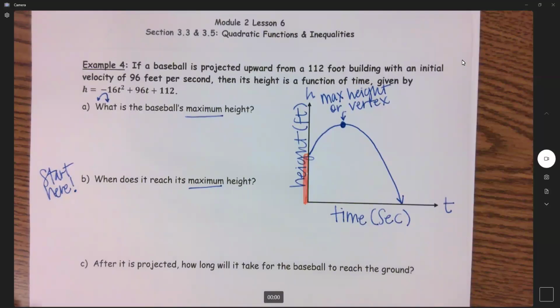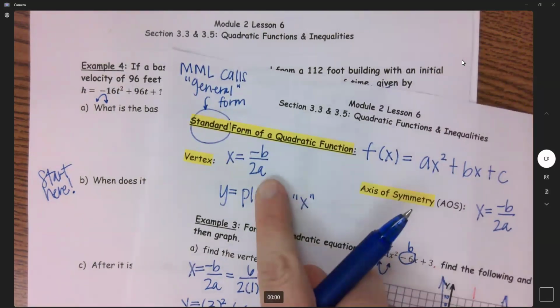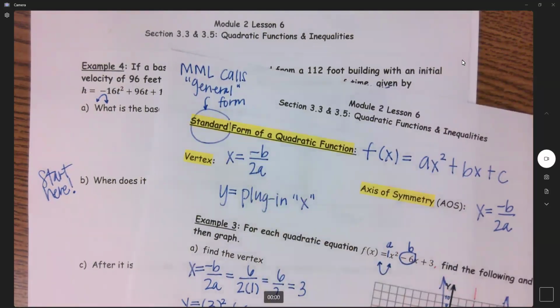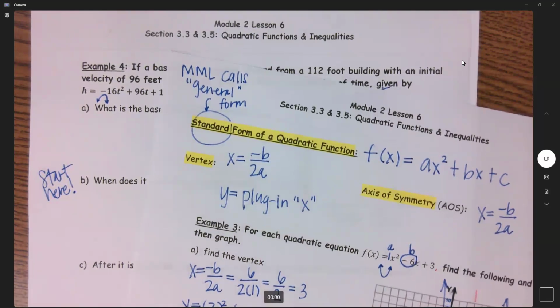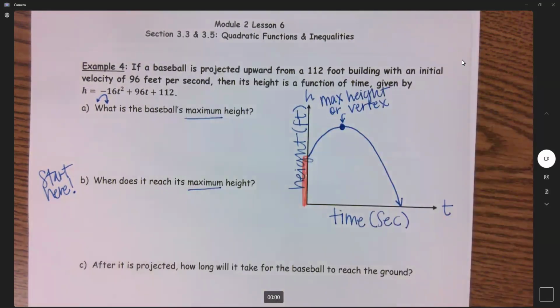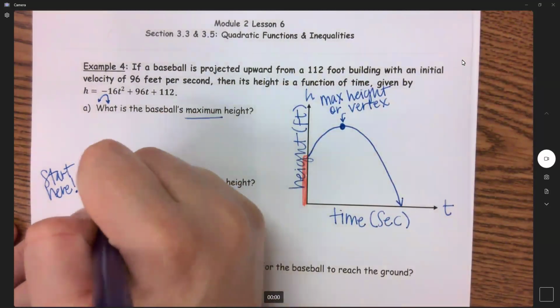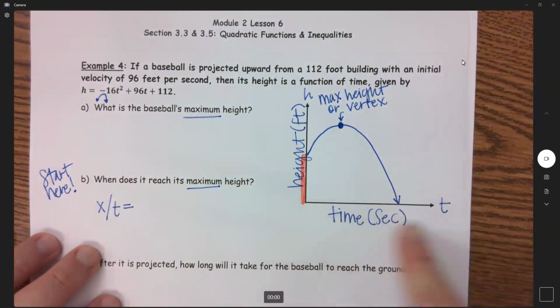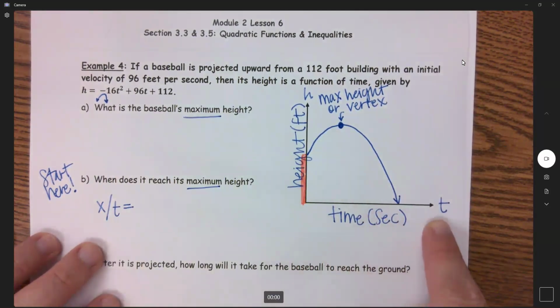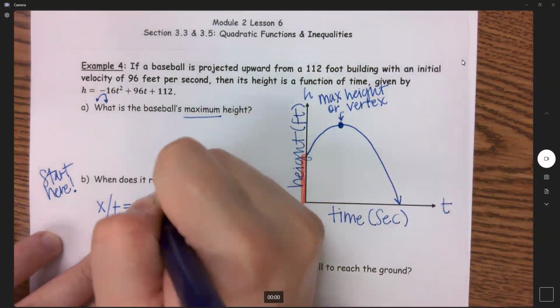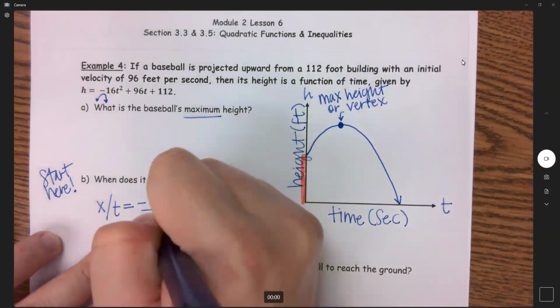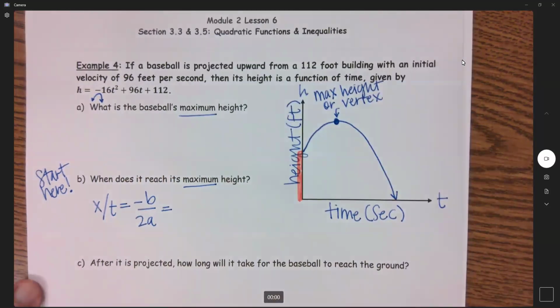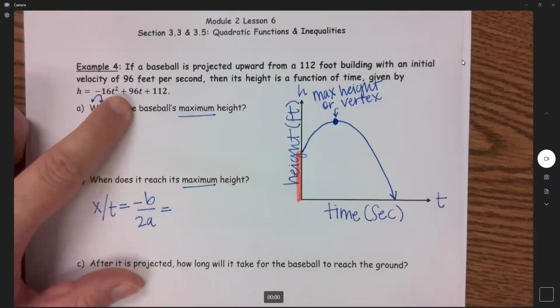For your vertex, you have an equation of x equals negative b over 2a. Now, we're talking about t here, so it doesn't matter if you put x or t. We're talking about this x coordinate, but in this case, they're talking about the t. So t equals negative b over 2a. My b is 96.